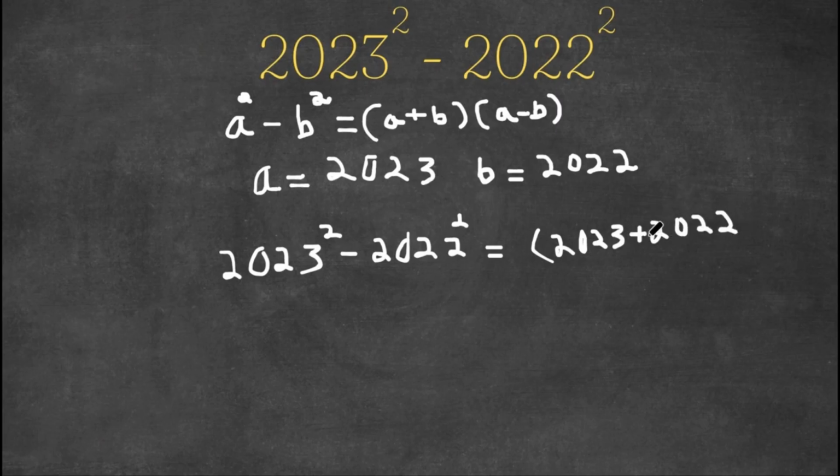So 2023 plus 2022 times 2023 minus 2022, because a minus b. So 2023 minus 2022.